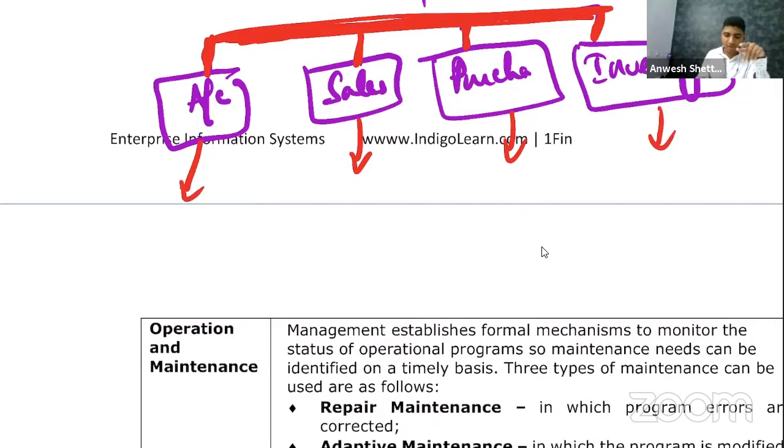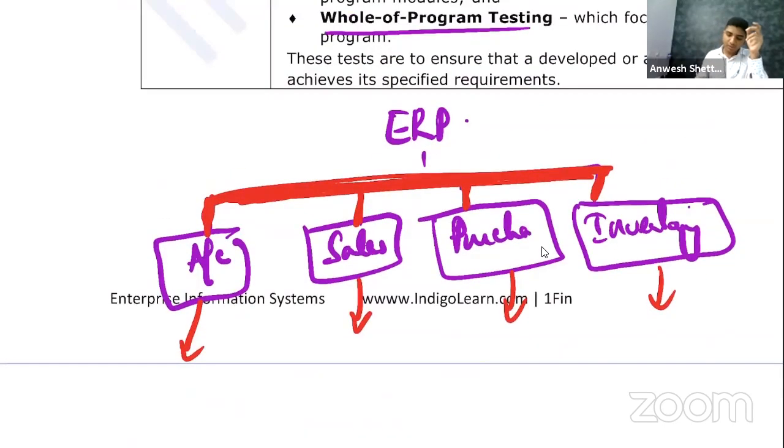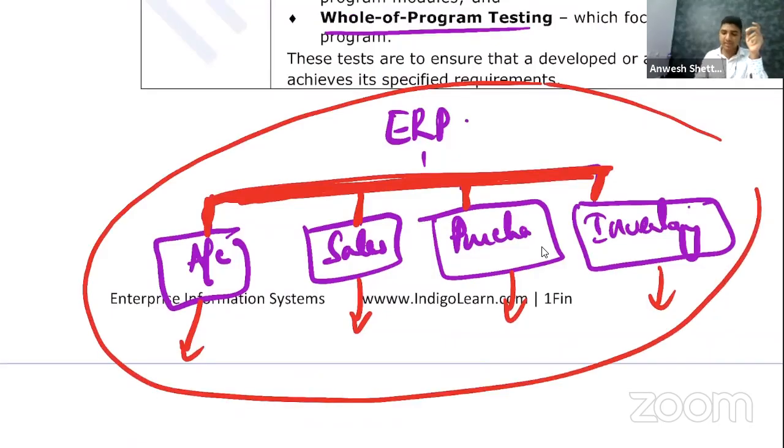Individually checking. What is integration testing? Whether these softwares are connected to each other in a proper way or not. Then you do the entire software testing at once. We call it whole of program testing. So unit testing is checking individually. Integration testing is you check whether the flow is proper or not. And whole of program testing means you are checking whether the entire ERP is working properly or not.